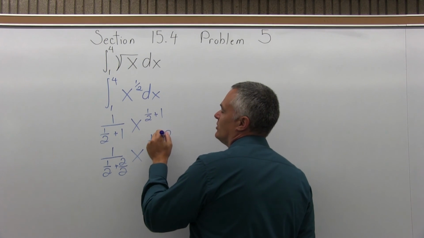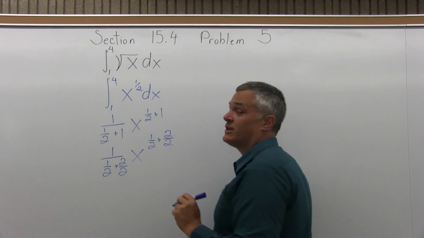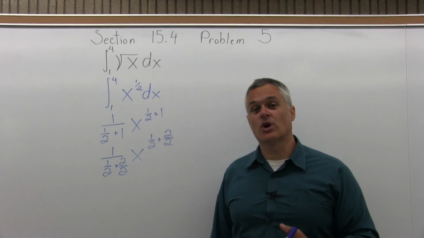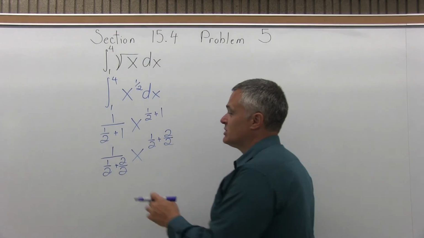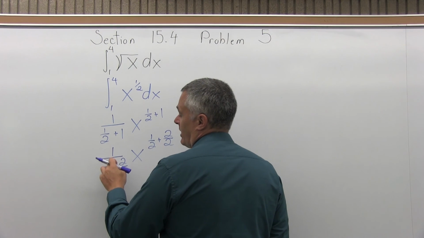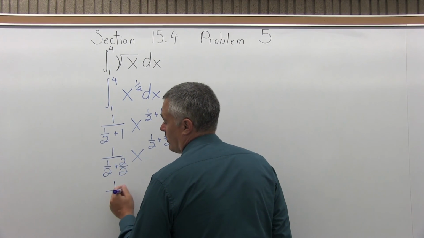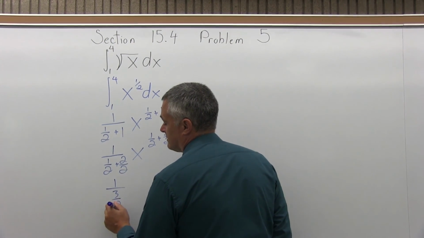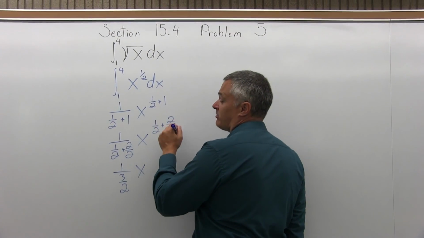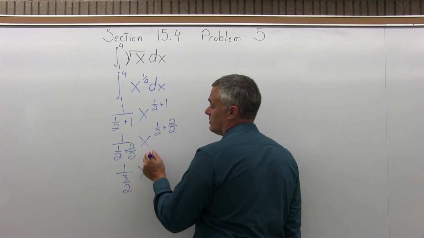That's still a 1, just a funny looking 1, but now I have it written with a common denominator. So 1 over 1/2 plus 2/2 will be 1 over 3/2. X to the 1/2 plus 2/2, again common denominator, will be 3/2.